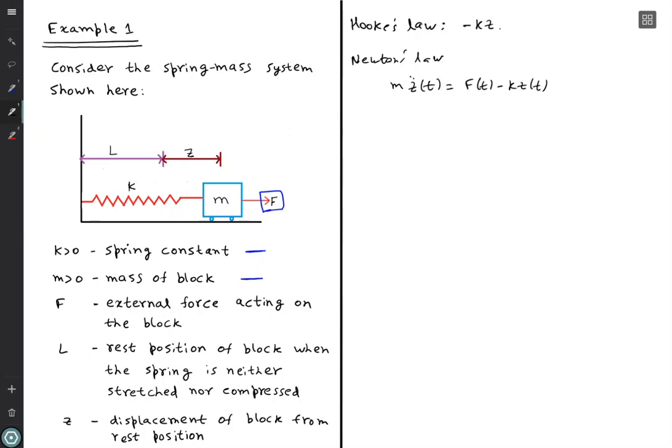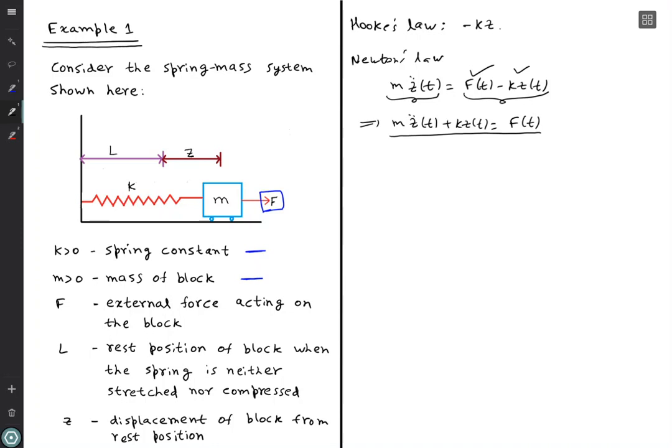This is mass into acceleration, and this is the net force acting on the block. F is the external force and minus kz is the force due to the spring. We can equivalently write this equation as m z double dot of t plus k z of t is equal to f of t. This is a linear differential equation which governs the dynamics of our spring mass system.